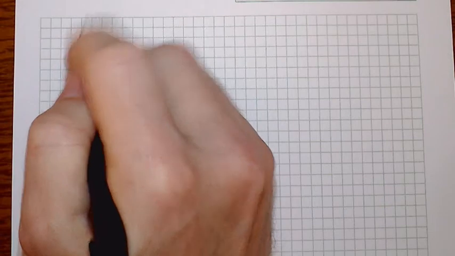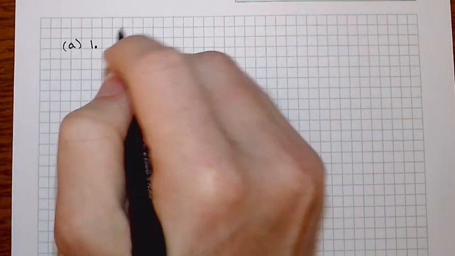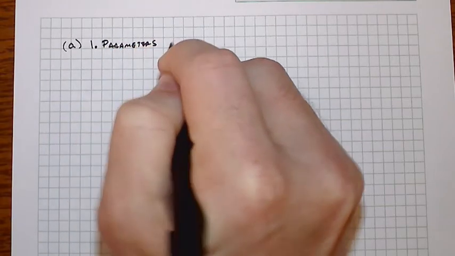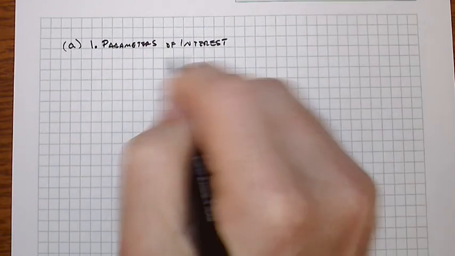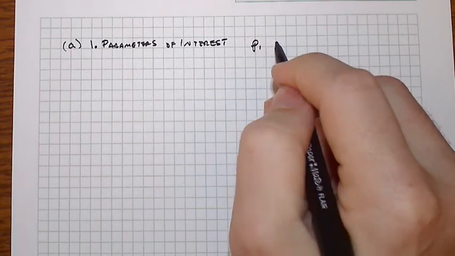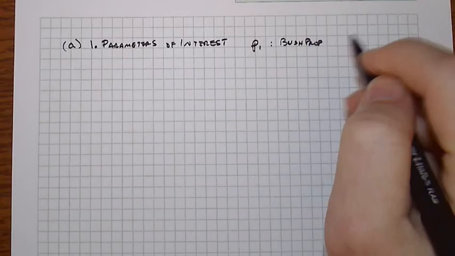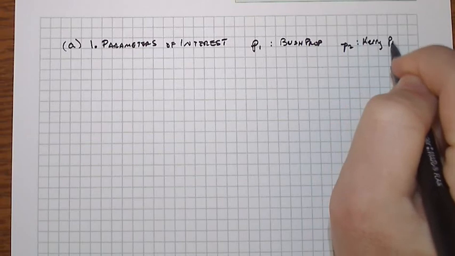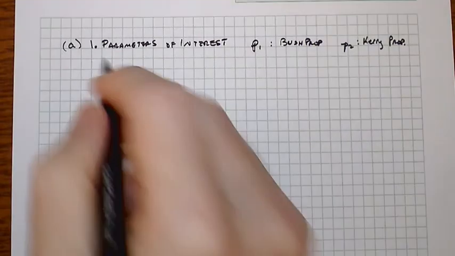Right, so for part A, for step 1, the parameters of interest are going to be P1, we'll call that the Bush proportion, and P2 will be the Carey proportion.